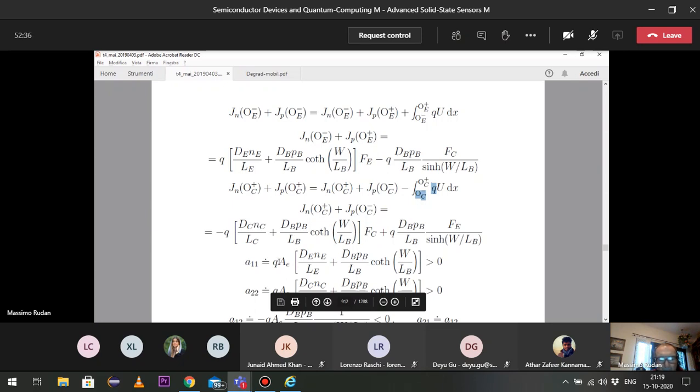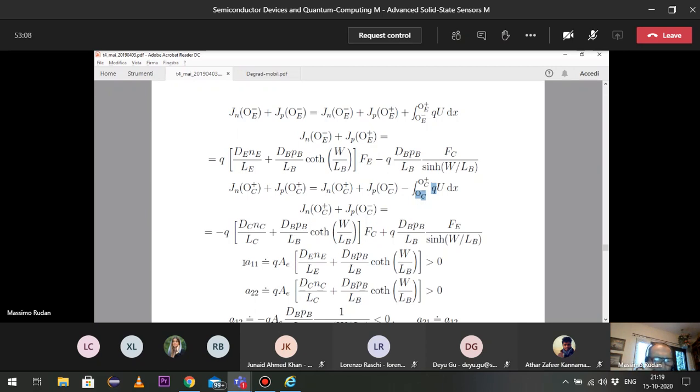So we multiply by the area, and then we have Q times the area times the parentheses. Of course, you see, number one, that this term, to which we give the compact name A11, is strictly positive because it's the sum of terms that are all positive.